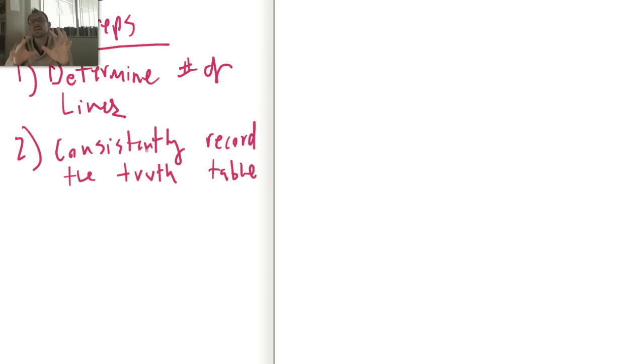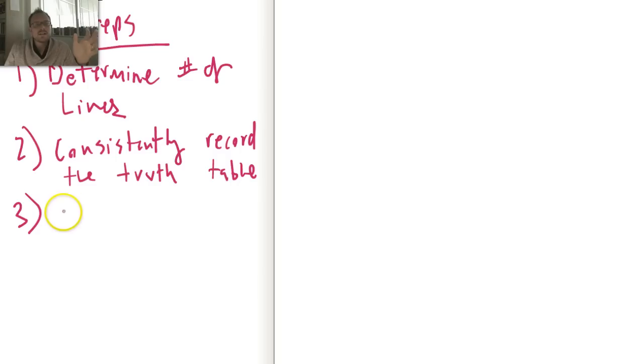And again, utilize that system: the very first variable, you're just going to divide it in half. The first half is going to be true. The second half is false. The second variable is going to divide again. And you'll do that on and on until eventually your last variable should just be true, false, true, false, true, false. And that's essentially the process for creating this. So make sure you consistently write that down. Because if you're not consistent, you'll get it wrong. And that's really critical, actually.